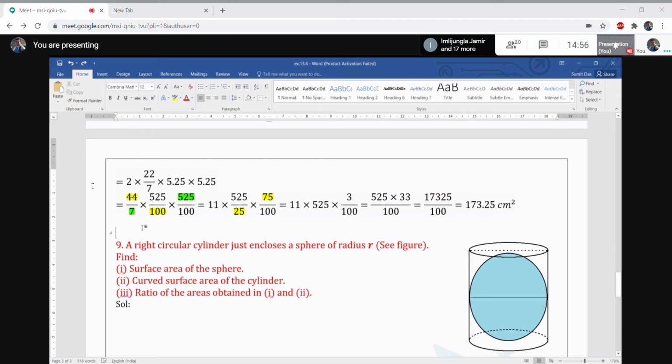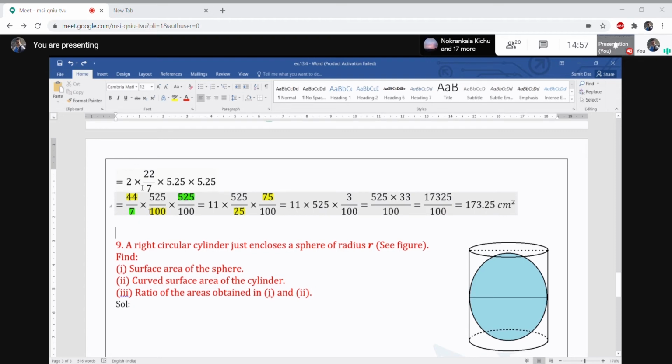Then you can see this 7 and 525 can be cancelled. 7 into 75 is 525. So 7 and 525 will be cancelled, and 44 and 100. We know that 4 into 11 is 44, and 4 into 25 is 100. So what will be left? 11 will be left because 4 is already cancelled, and here 525 divided by 25.